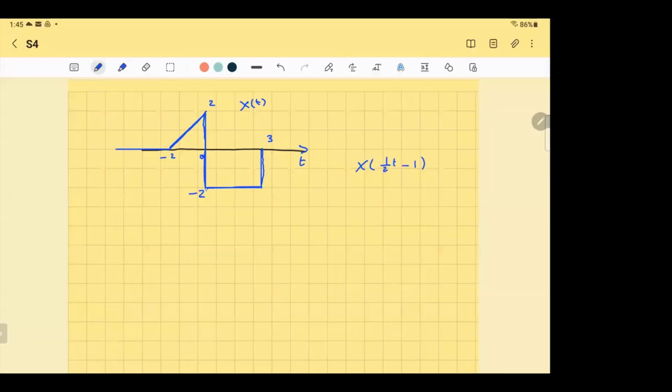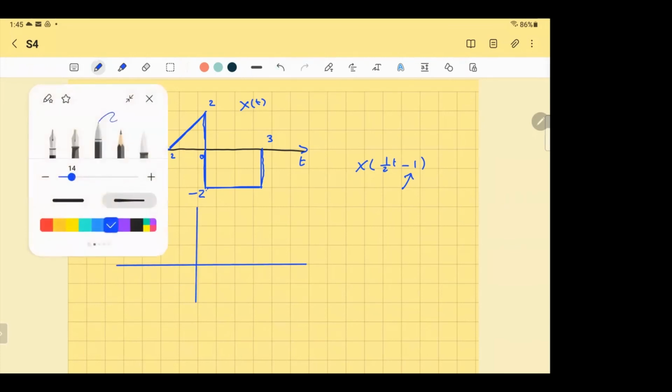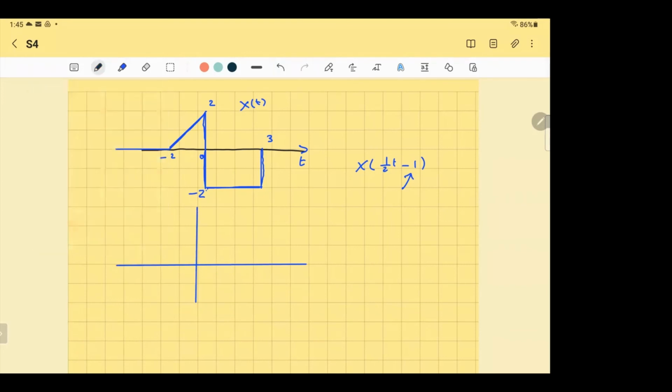Okay. So I make first the shift by 1, and since it's -1, I shift towards the right by 1. So everything will be added 1. So -2, -3 will go to 4. 1, 2, 3, 4. That's 4. And 0 will go to 1.